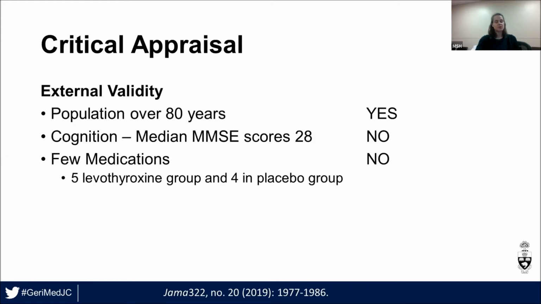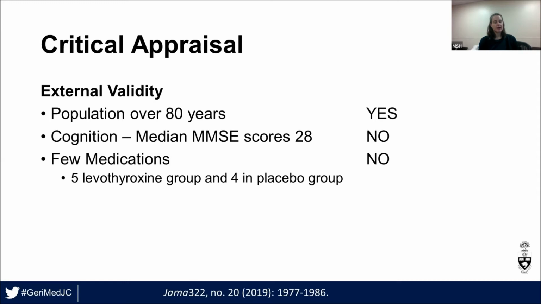In terms of external validity, so does this apply to our population? Well, these were people over 80, so yes, it does apply to our population. And I didn't feel that the people that we're seeing would have an average MMSE score of 28, so maybe that was a bit high for us.